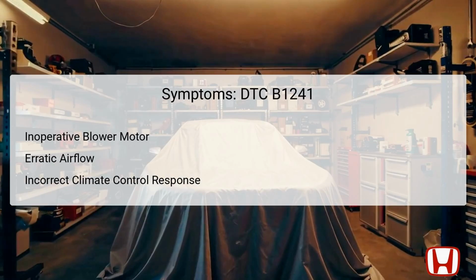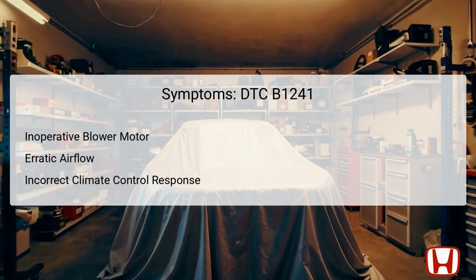Vehicles suffering from the B1241 code may exhibit several symptoms related to airflow and climate management. The most noticeable symptom is an inoperative blower motor, which means that no air is being circulated through the HVAC system. In some cases, the blower motor might operate erratically, leading to inconsistent airflow, which can impact comfort levels inside the vehicle.